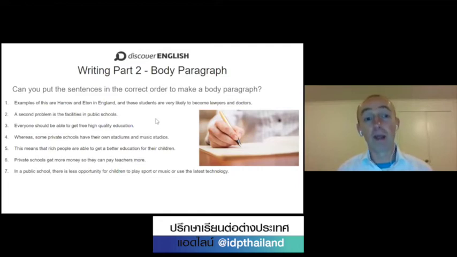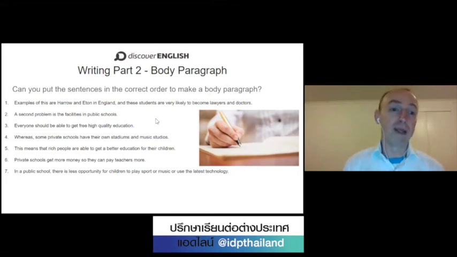So the first sentence, we want a topic sentence, a general sentence which is going to explain what the topic of the paragraph is, so what the point that we're going to discuss is. And as I said, number 3 is it. So number 3, everyone should be able to get free, high quality education.